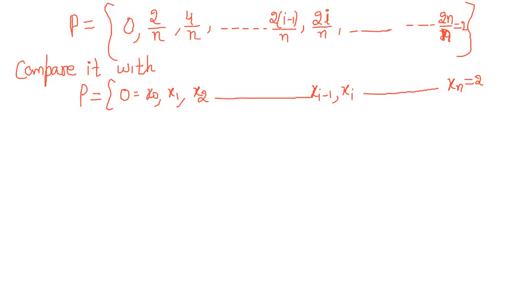Now I am comparing it with this. What will be xi here? Yes, Rohit, what will be xi? 2i by n. Yes. Good. 2i by n.